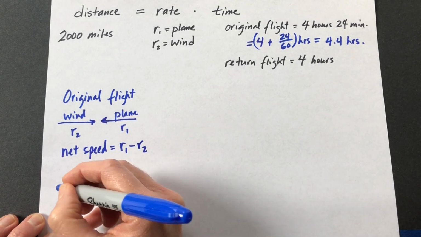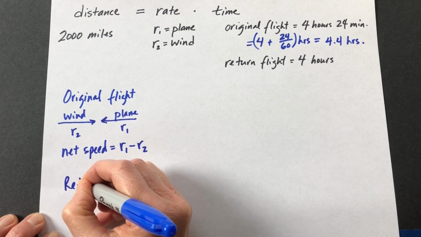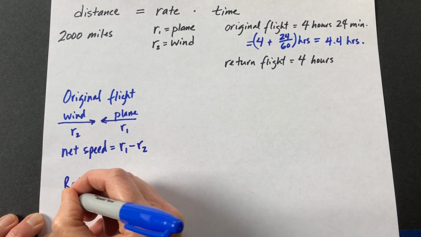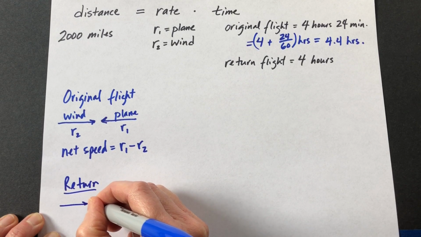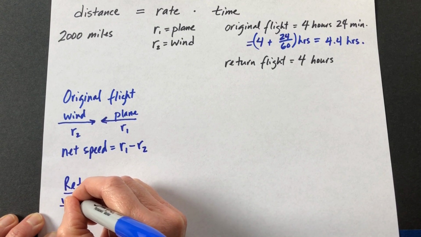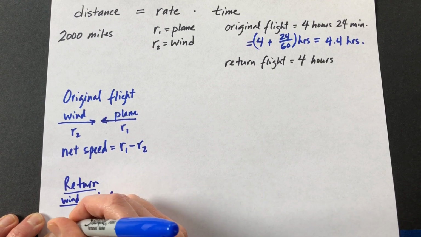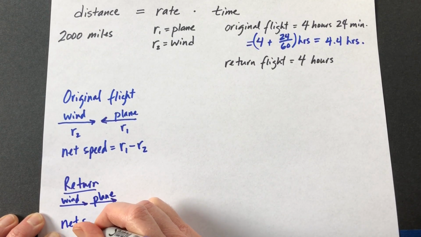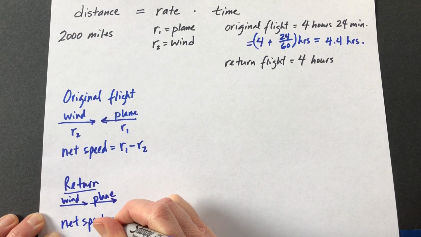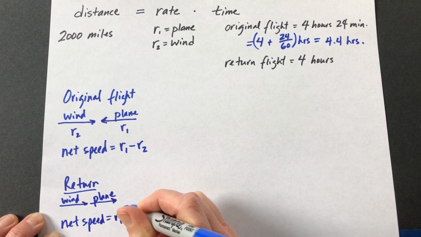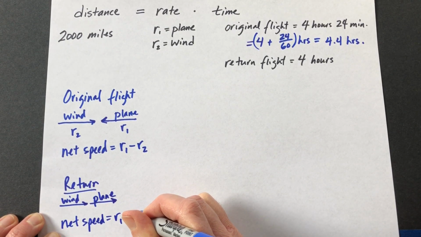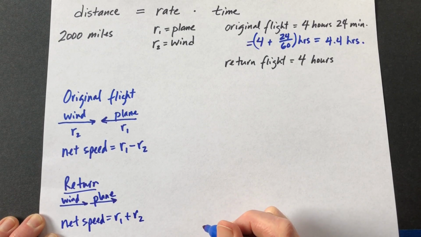For the return, we've got the wind and the plane in the same direction, so that net speed is going to be the rate of the plane added to the rate of that wind.